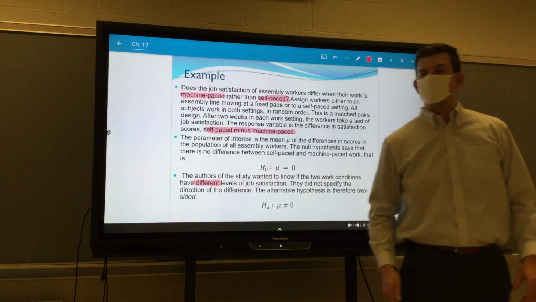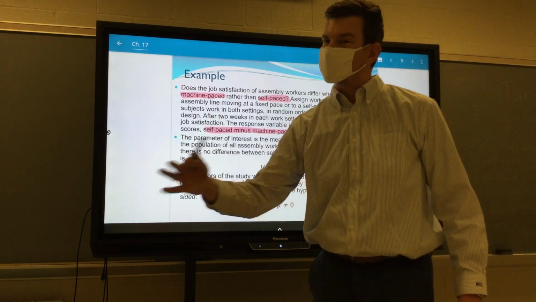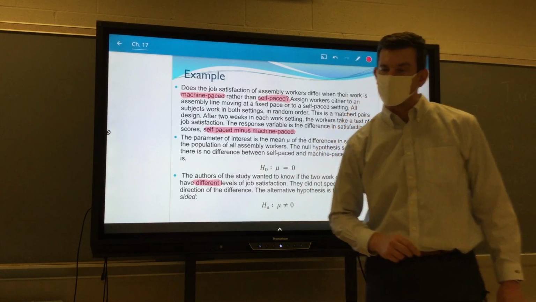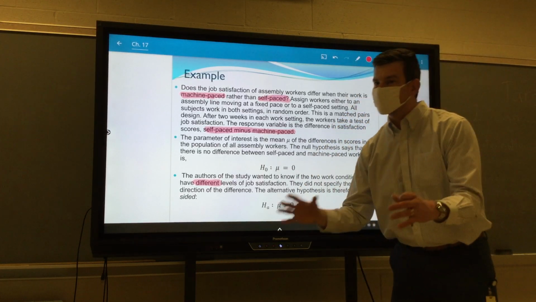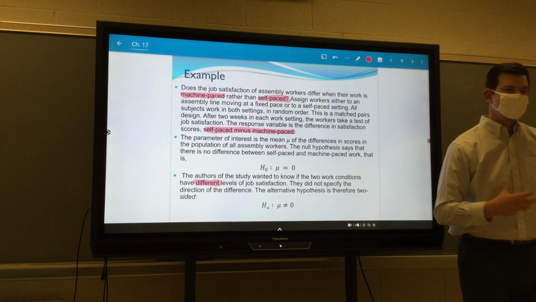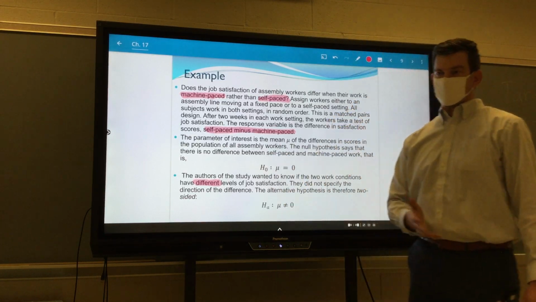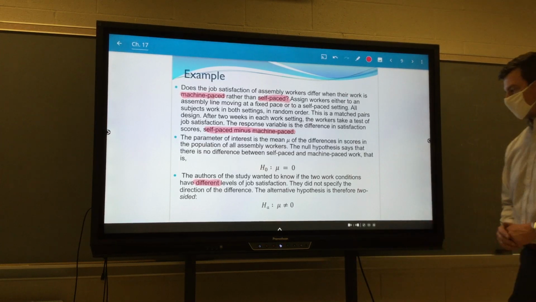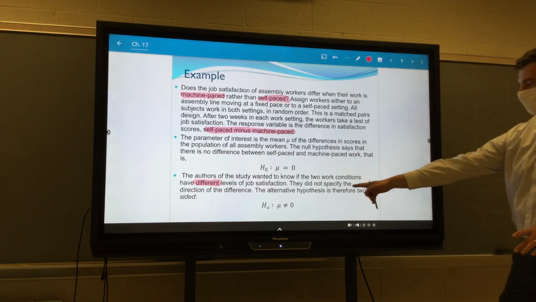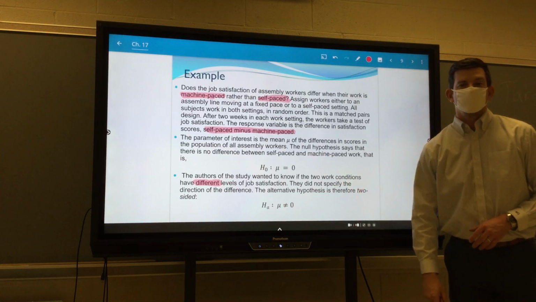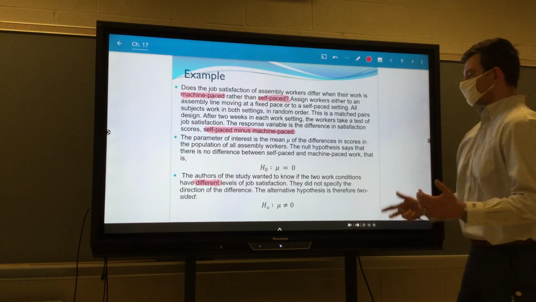Unlike the sweetener example, where we thought that it was losing sweetness over time, so we went into it with a one-sided alternative hypothesis. And this takes a little bit of practice to get a feel for what constitutes one-sided or two-sided. And we'll be doing that, so don't worry. But this one, we don't know if that average is going to be bigger than 0 or less than 0. Okay? This is a two-sided alternative.